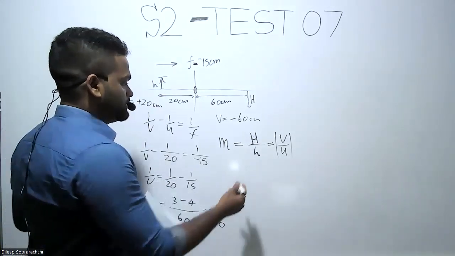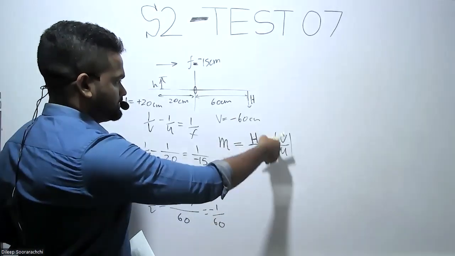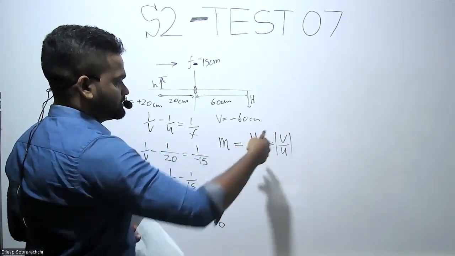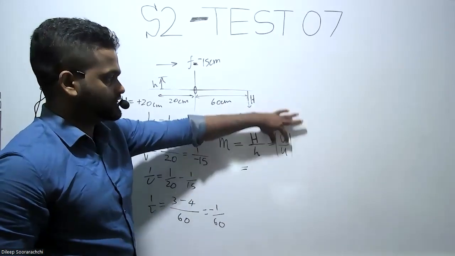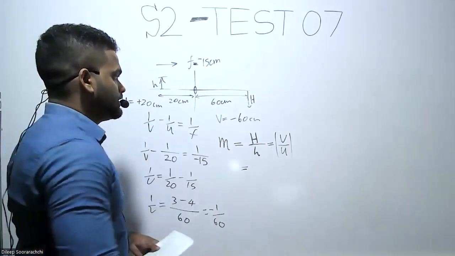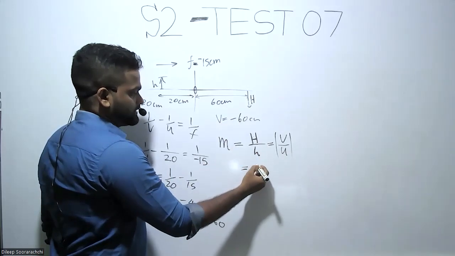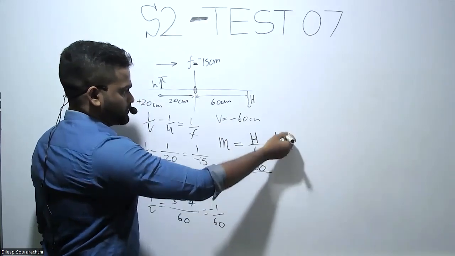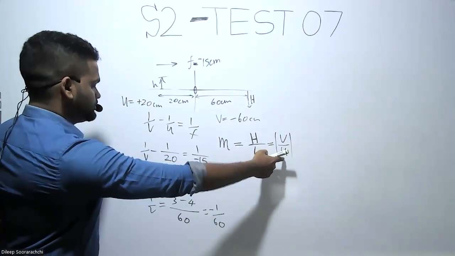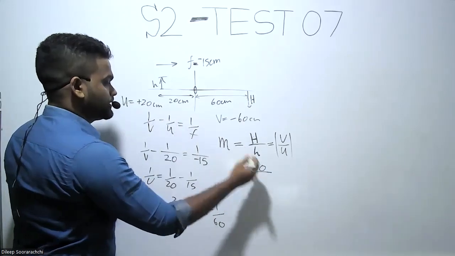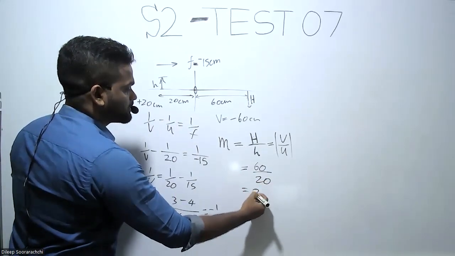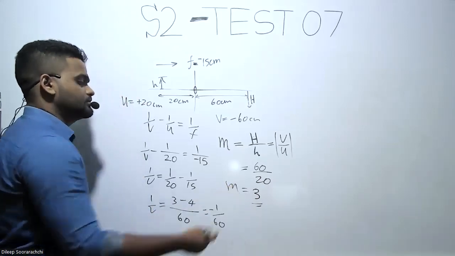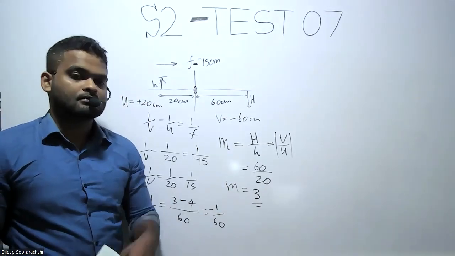Right, now we know the value of v. Due to the modulus sign, modulus means you only take the positive value. Even though this is minus 60, you can write it as 60 because of the modulus. Divide by u. u, we know that is 20. So the linear magnification of the object is 3, right?